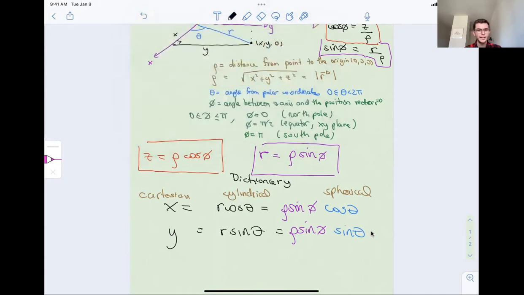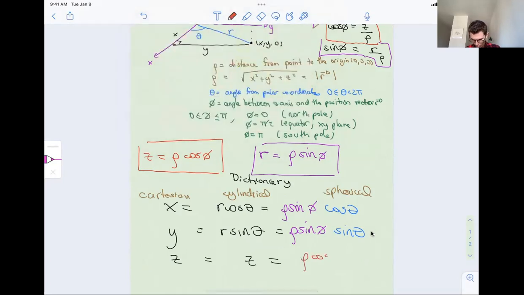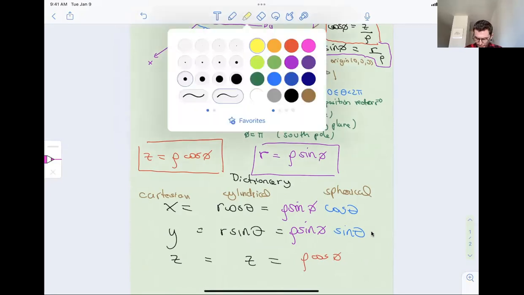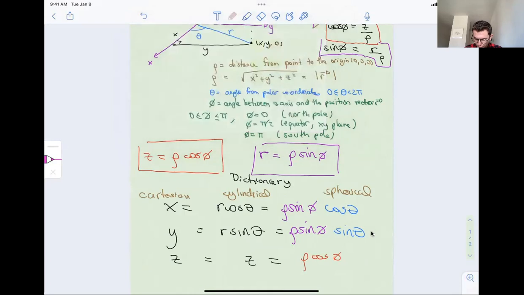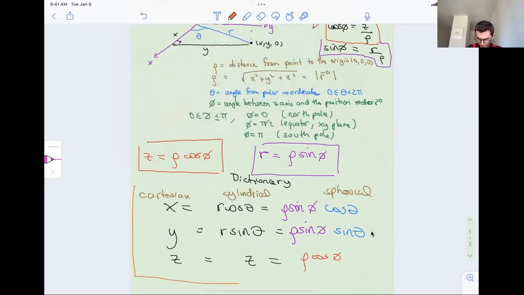And the last one, z in cylindrical is still just z, no change. In spherical it becomes rho cosine of phi. So this is the key table that you really need to know, memorize, or write down somewhere.